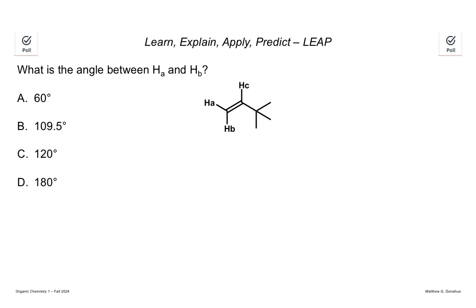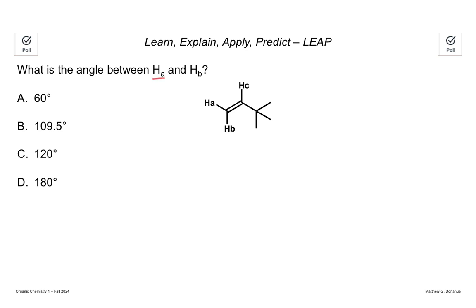Now another thing we have to consider, because HA and HB were different in their relationship to HC, do HA and HB couple with one another, even though they're on the same carbon?